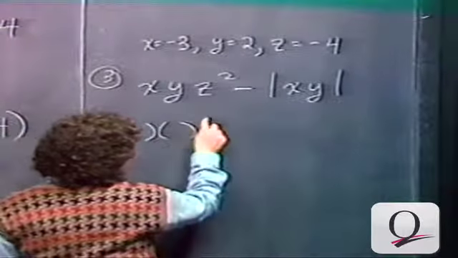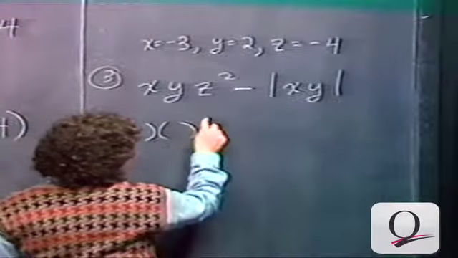All right, minus 3 times plus 2 gives us minus 6. Minus 4 squared is plus 16. Okay, so I performed this multiplication, minus 3 times 2 to get the minus 6, and I squared the minus 4 to get the plus 16. Take away the absolute value of, now minus 3 times plus 2 is minus 6.